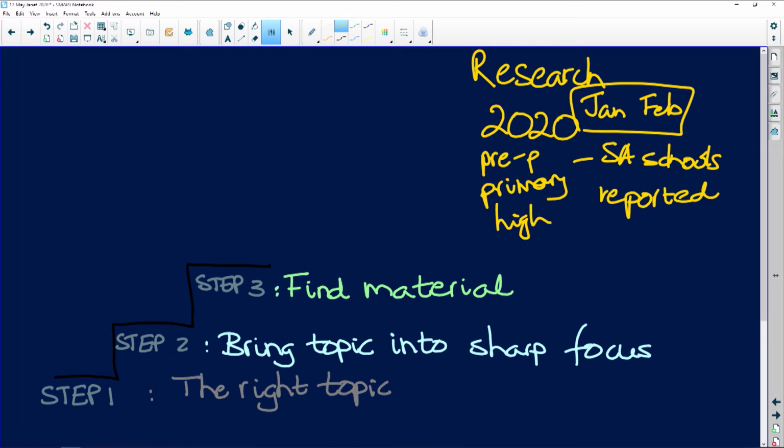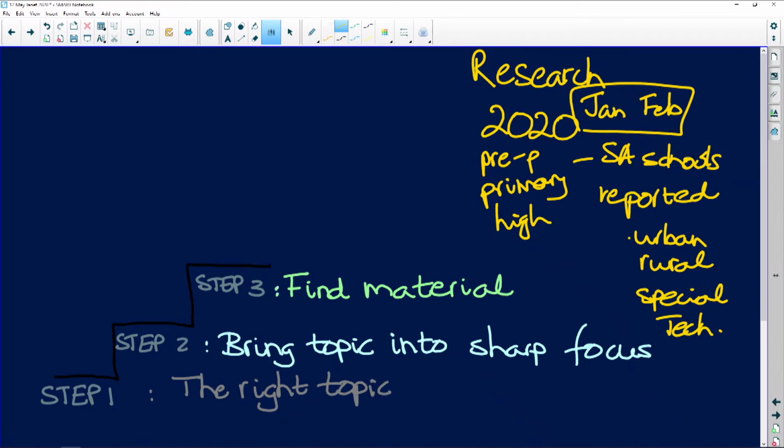Are we going to look at urban or rural schools? Are we going to look at special schools? Are we going to look at technical schools? Do you see how we started off broad, we came down, we thought it was narrow enough, and no, not nearly narrow enough. So let's say we wanted to focus on urban schools.